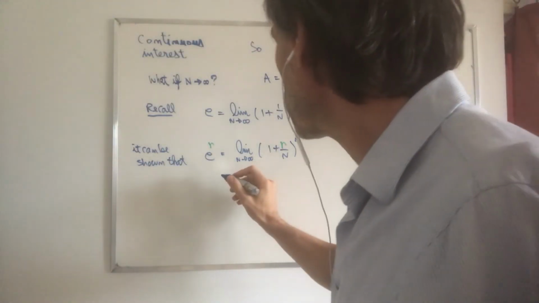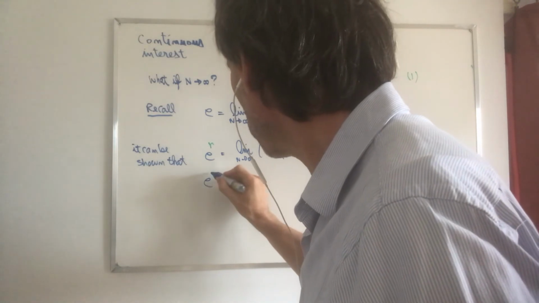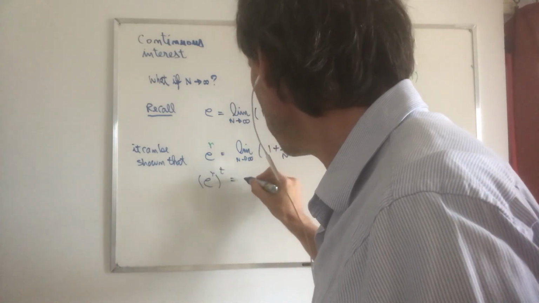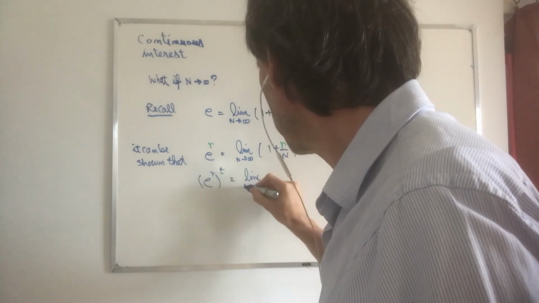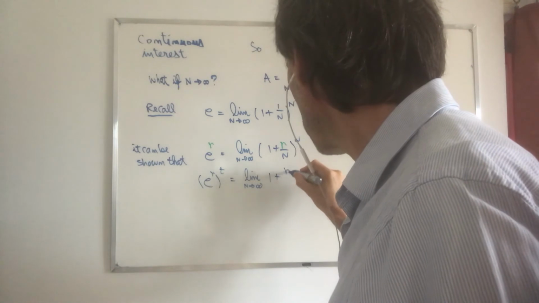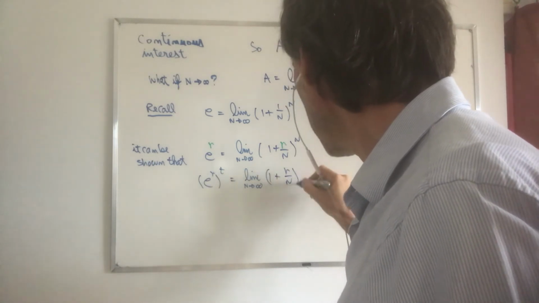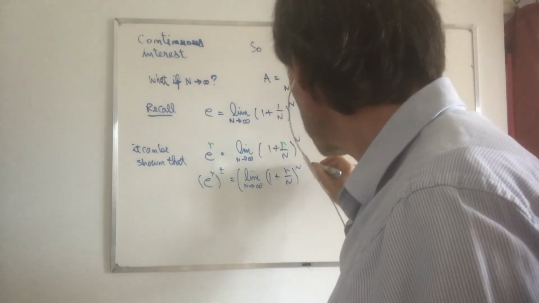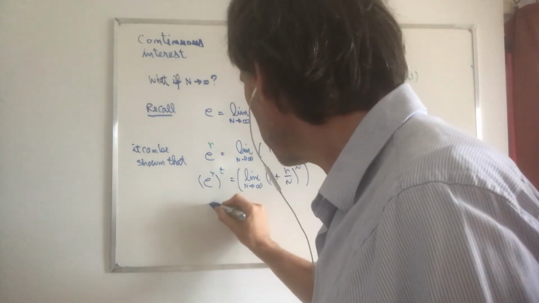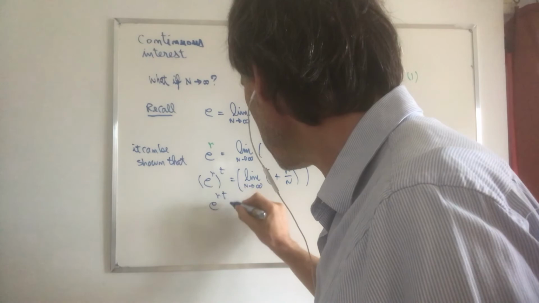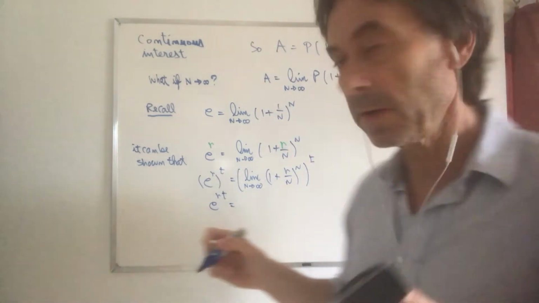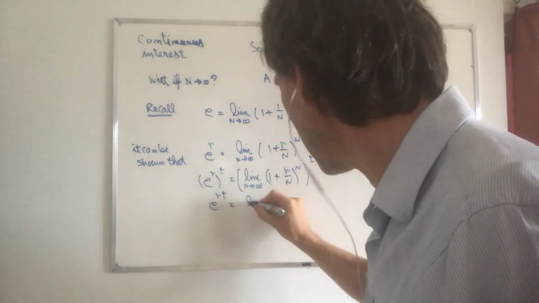Good. So I can actually now raise both sides to the power of t. So (1 + r/n) to the n, I would like to raise this as well to the power of t. So what I have here is e to the rt is equal to, okay, I'm going to multiply my exponents here like the rules of exponents allow me to.